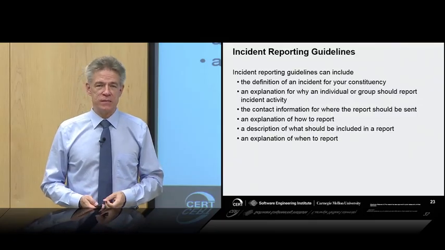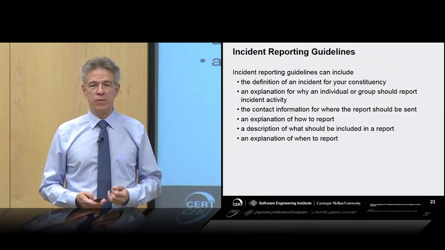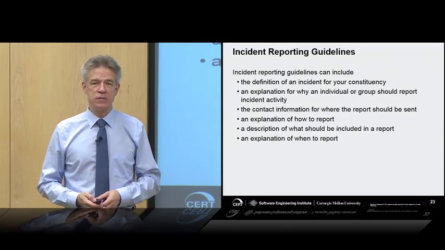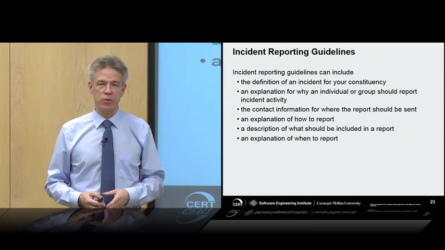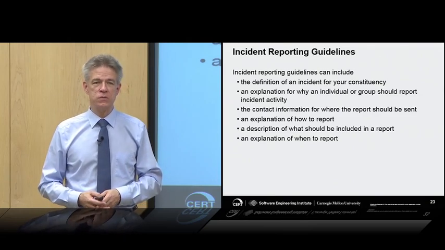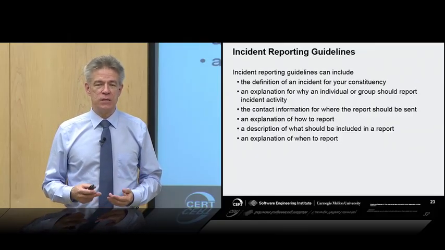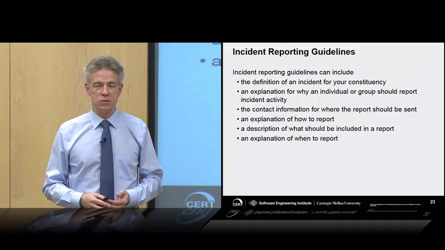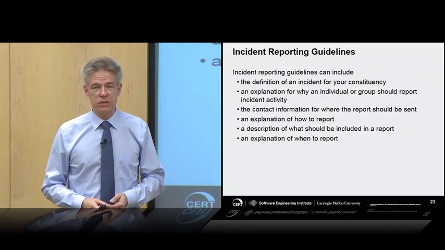Provide some baseline context as to why; maybe this is just voluntary, or maybe you do have an enterprise policy that requires certain types of activity to be reported to certain groups within the organization. Give them contact information, such as phone numbers and email addresses, things that we'll talk about in a moment, and some guidance as to what information needs to be reported.